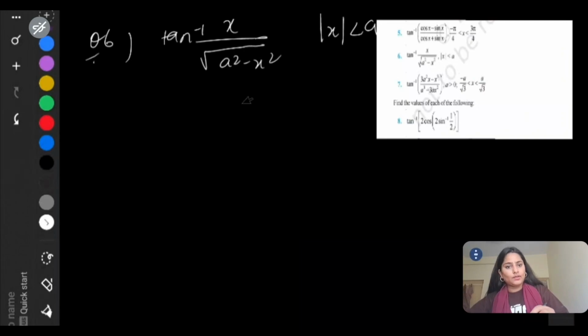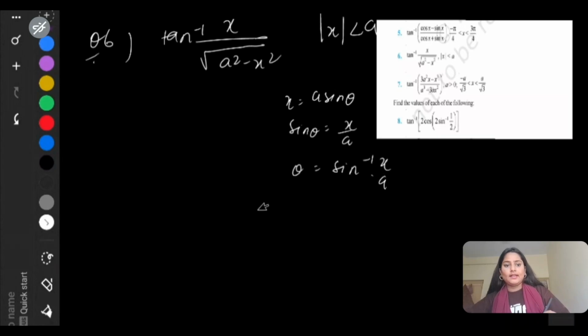Let x be equal to a sin theta, so sin theta is equal to x by a, and theta is equal to sin inverse of x by a, right?